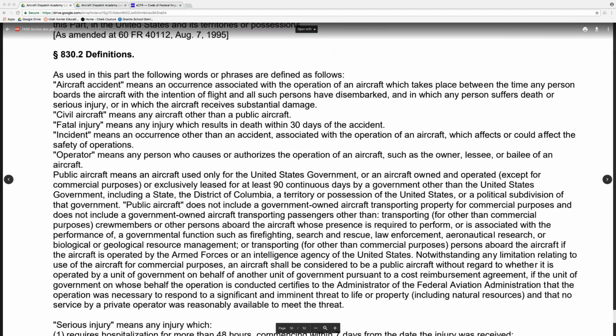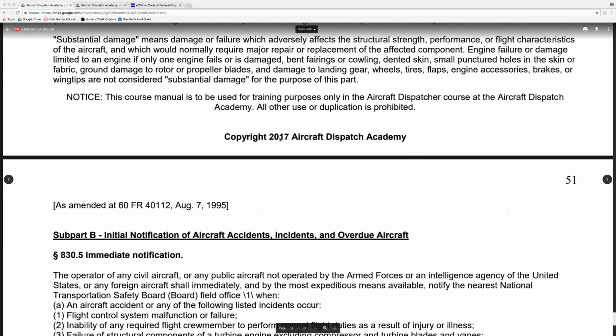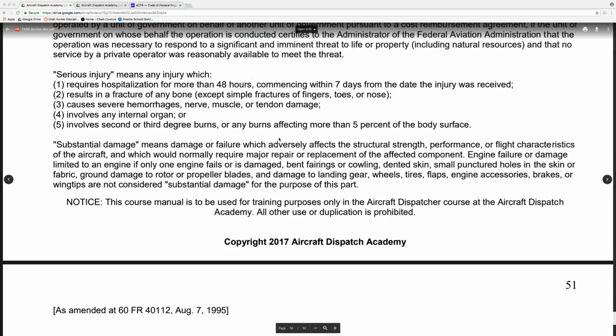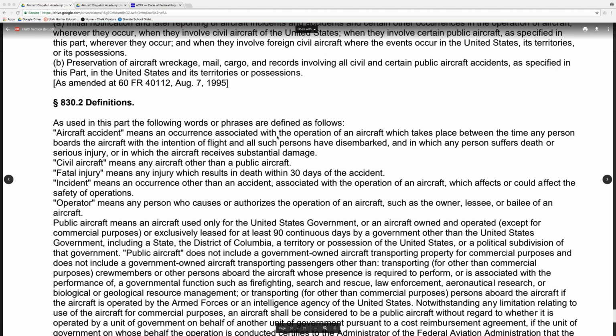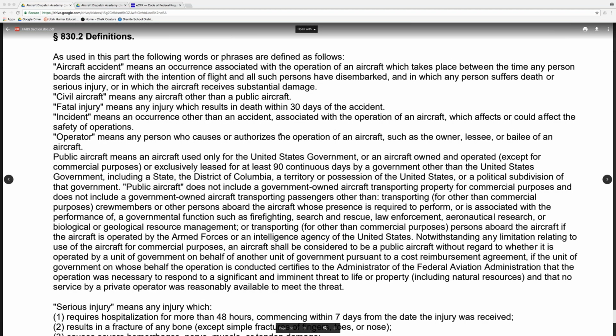So let's take a look at their definitions. It's a lot of stuff here. You don't really need to write anything down in this section, just pay attention to what is being said. If you feel like it's something you're interested in taking a note on, some of this stuff is in the ADX.